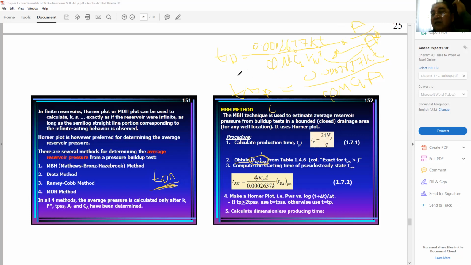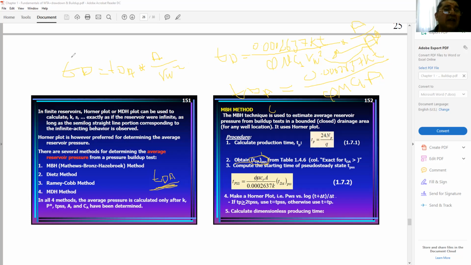So basically, TD, the dimensionless time that we know, is TDA times A divided by rw squared.